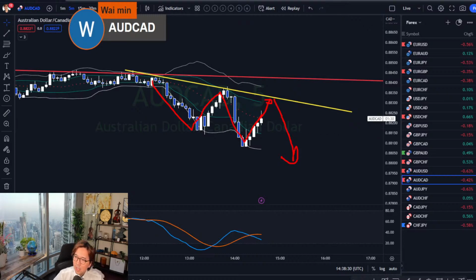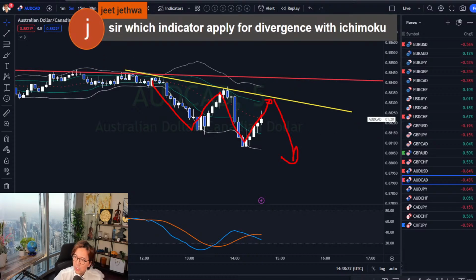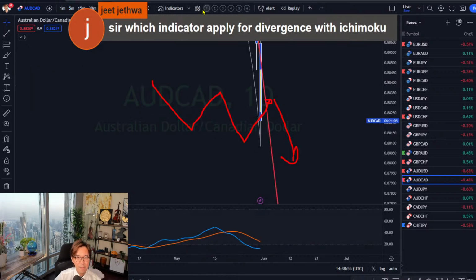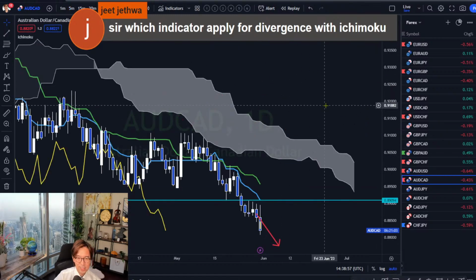Okay, let's see. Jit says, which indicator apply for divergence with Ichimoku? I don't use any other indicators with Ichimoku, so I'm not sure. Yeah, I don't use divergence with Ichimoku, so I simply use Ichimoku lines in higher time frames, and that's it.